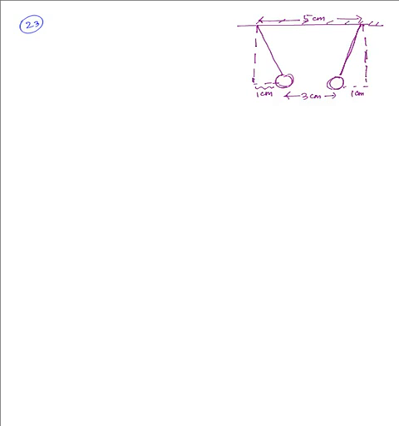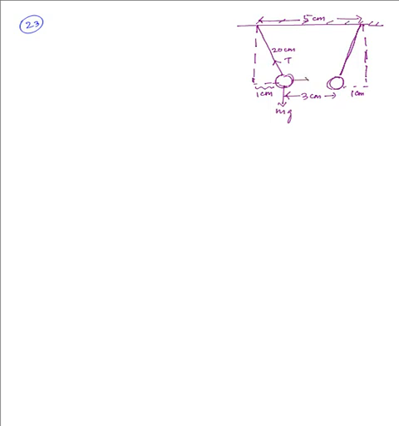The length of the string has been provided to be 20 centimeters. What we wish to determine is the mass of each ball and the tension along the string. Both the balls are identical, so we'll just consider the left one with the equilibrium forces involved.